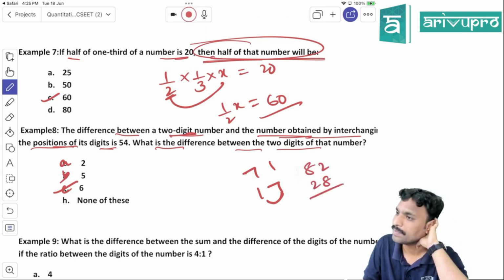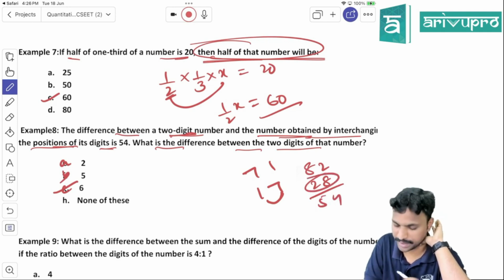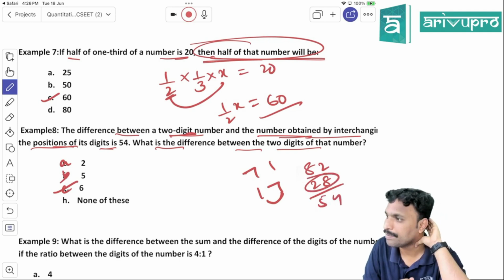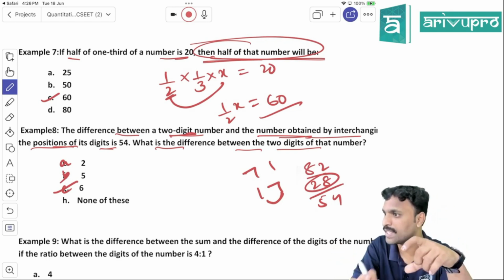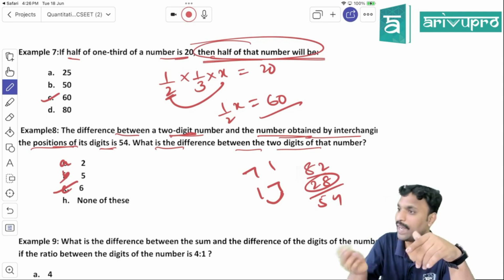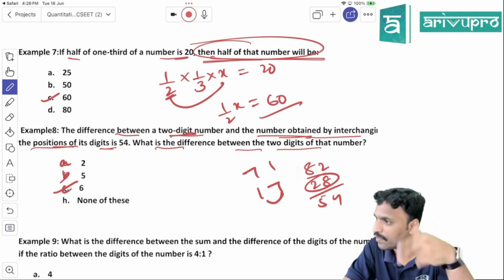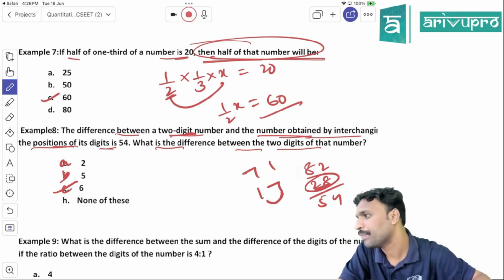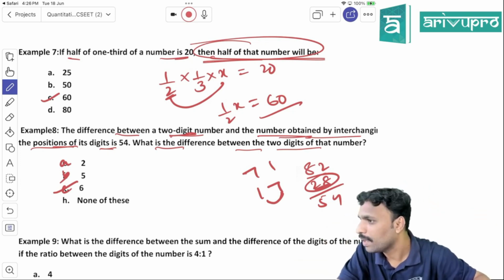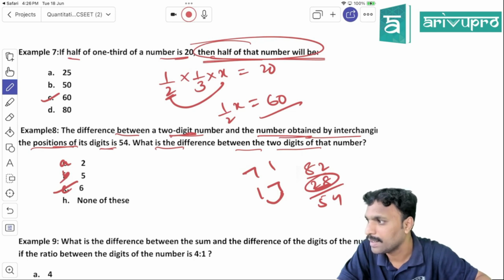How much? 54 only. The difference between these two digits is what? 6 again. You take 71 and 17, reverse it, the difference is 54 only. Even 28 and 82, the difference is 54 only. And the difference between these 2 digits is 6 only. Understood? Clear? Everyone?